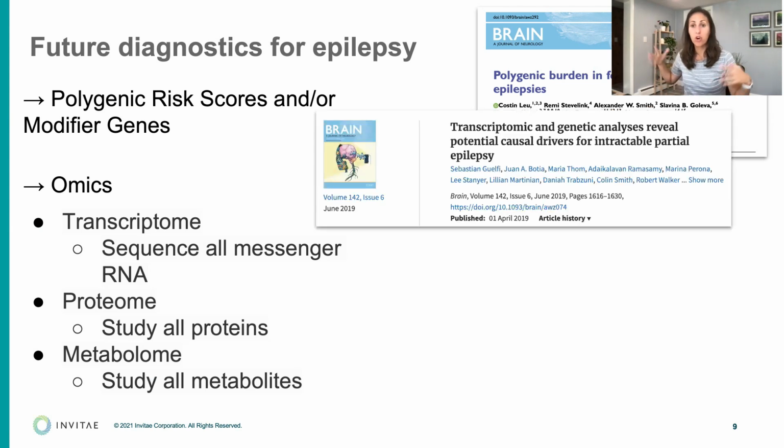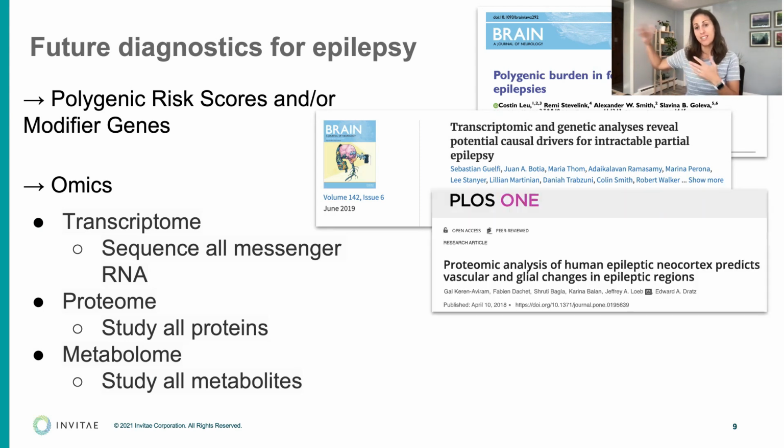Then there are more omics. We talk about genomics, understanding the whole genome, but there's also a transcriptome. We've all learned about mRNA with the advances in vaccines using mRNA. A transcriptome is looking at all the mRNA in a cell and what's being produced in that cell. The next step is once the mRNA is created in a cell, it goes on to become a protein.